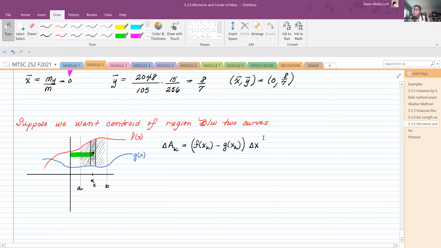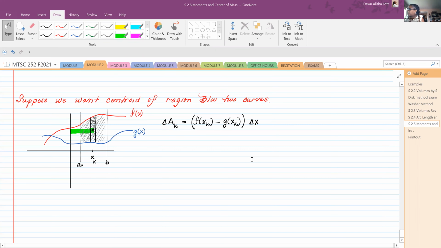Okay. So therefore, when I go to find the mass, my delta M is delta of XK times A of XK. So that's just F of XK minus G of XK times delta of XK.